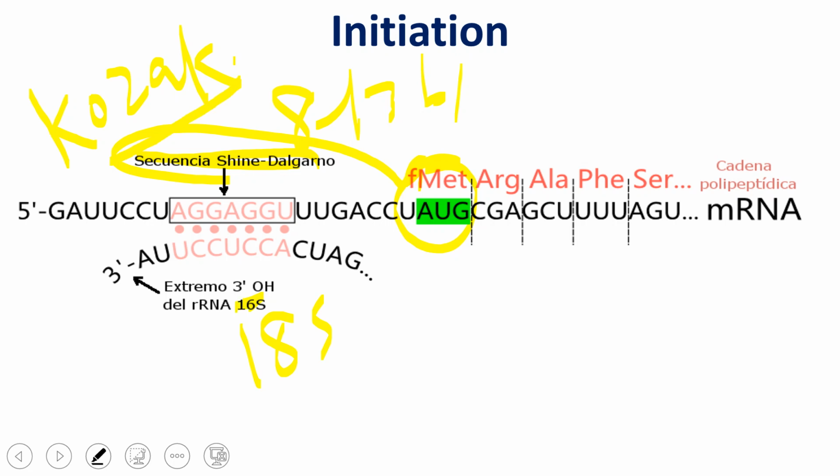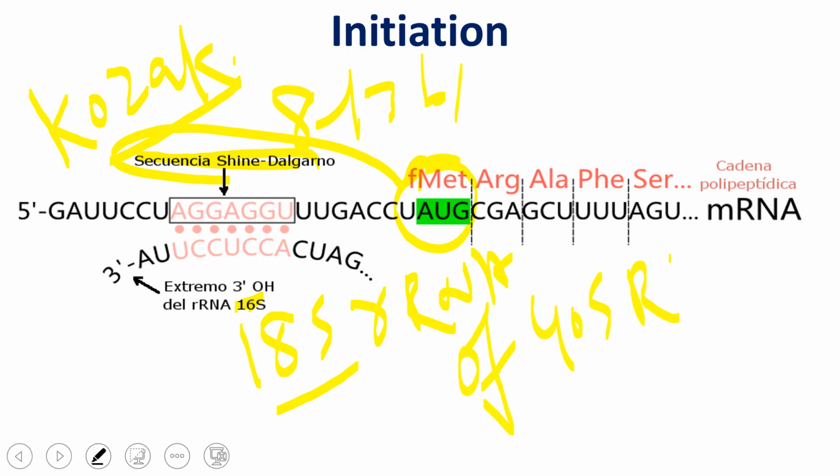In prokaryotes, this binds with the 16S ribosomal RNA; in eukaryotes, this binds with the 18S ribosomal RNA of the 40S ribosome. But the difference is that in prokaryotic cells, this binding helps the AUG to fit at the P site.